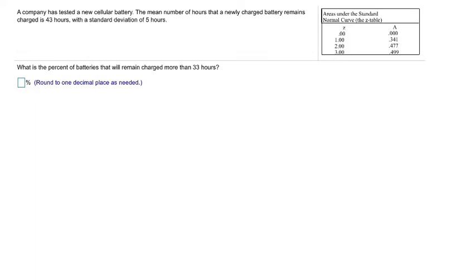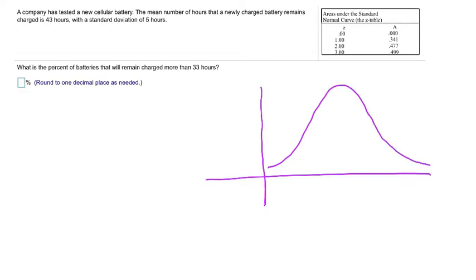So what we're asked in this problem is that we have a normal distribution, and that normal distribution here is doing something like this. We're told that the mean is going to be 43 hours with a standard deviation, sigma, of 5 hours. Now, what we want to know is what percentage of batteries will remain charged more than 33 hours.